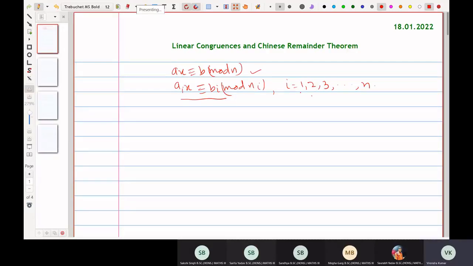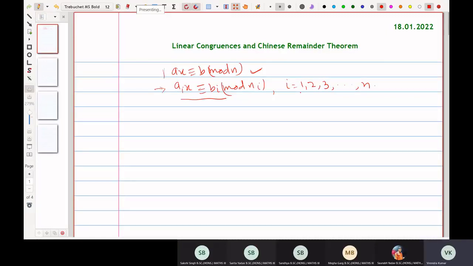Some requirement or supposition which was made for a single equation is going to be taken for this kind of system also.